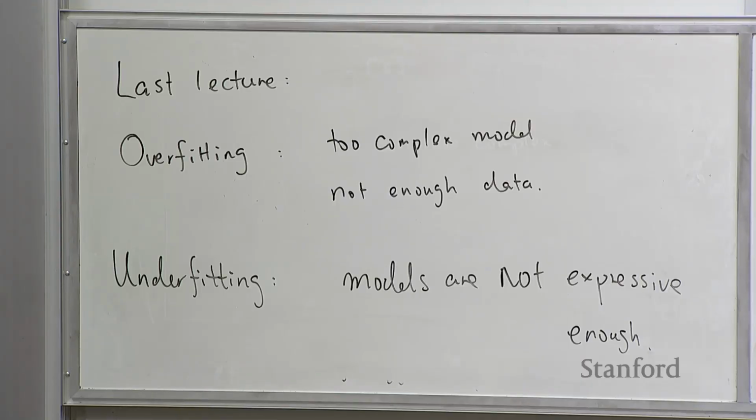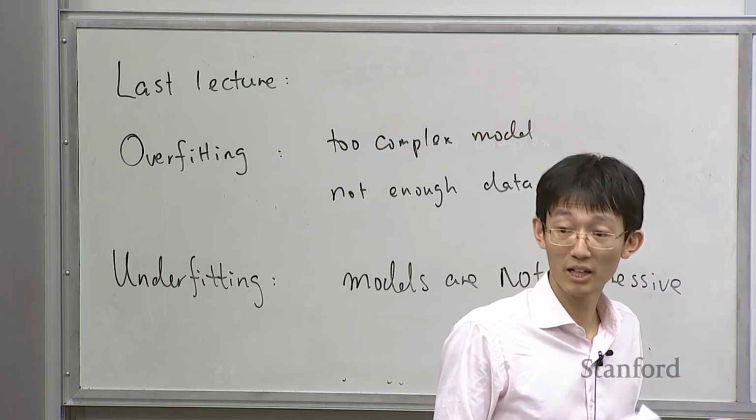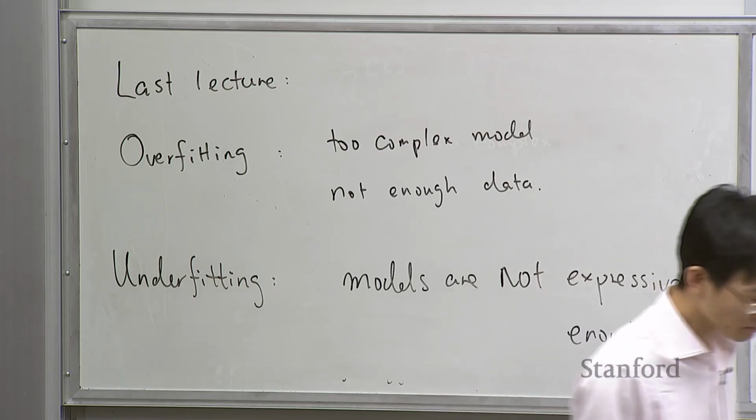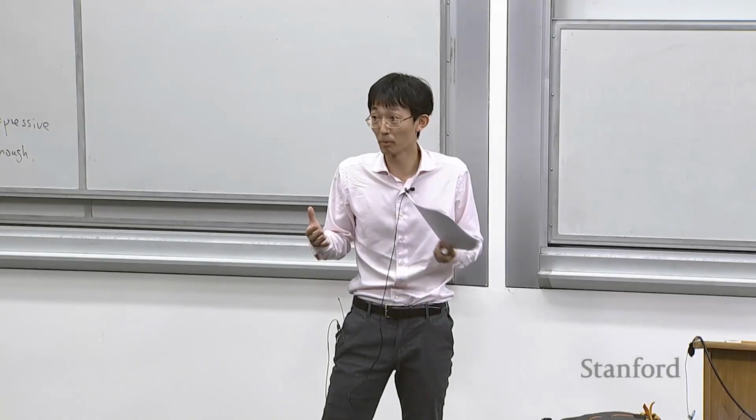But actually, if you really want to have a concrete definition, it becomes a little bit tricky, right? So what is the right complexity measure of the model? Someone asked about that as well in the last lecture. And the answer is that there's no universal measure for what's the right complexity measure. There are a few complexity measures people often use.